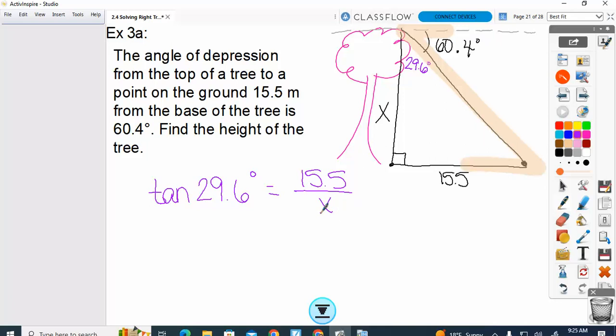Okay, I'm trying to solve for x, so you have to multiply by what's on the bottom of your fraction. Then how would you get x by itself? You have to divide the tangent over.